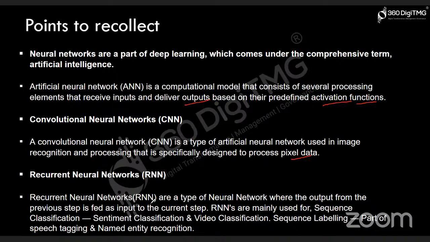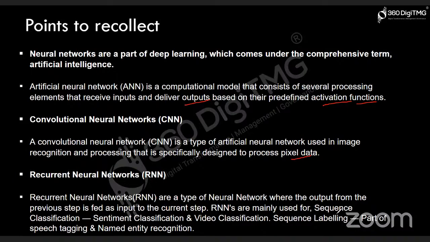Recurrent neural networks are a type of neural network where the output from the previous step is fed as input to the current step. Due to this reason, they are used in many techniques.